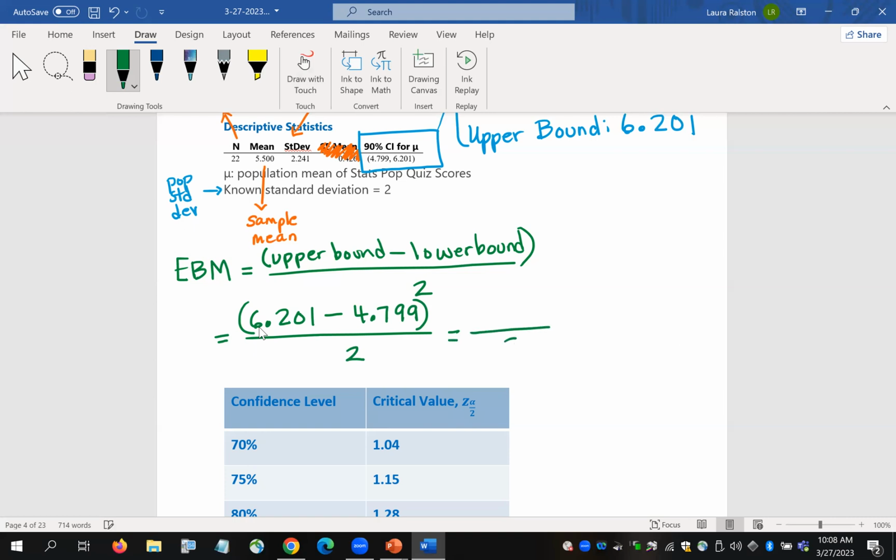You have to do the subtraction in the numerator first. So we have 6.201 minus 4.799. I'm using my handheld calculator. I have 1.402 divided by 2 is 0.701. So the error bound margin, or the error bound for the population mean, is 0.701.